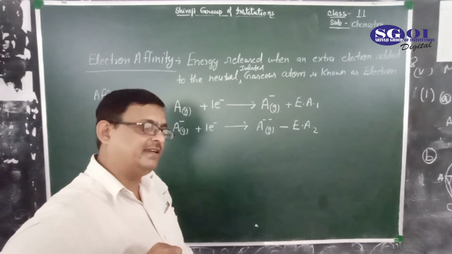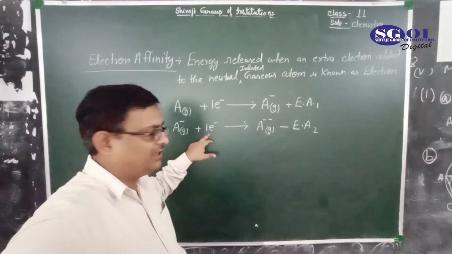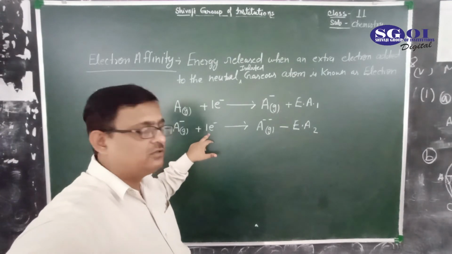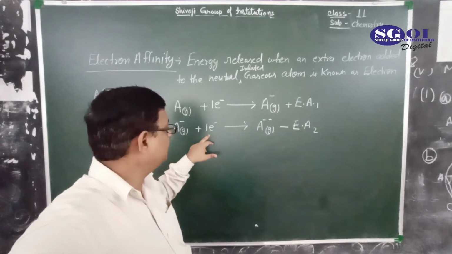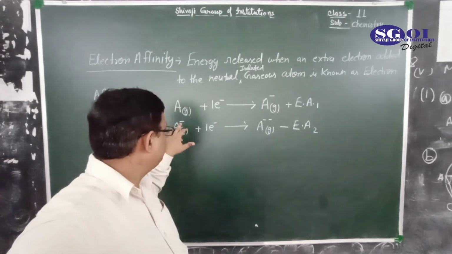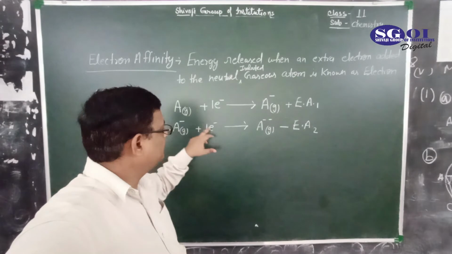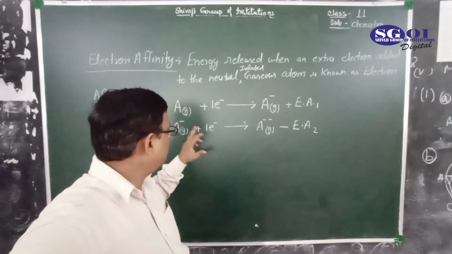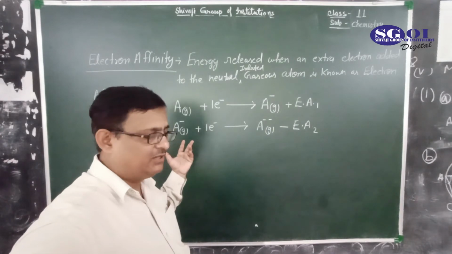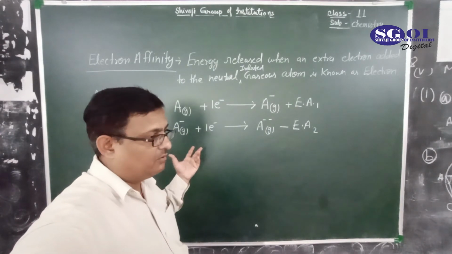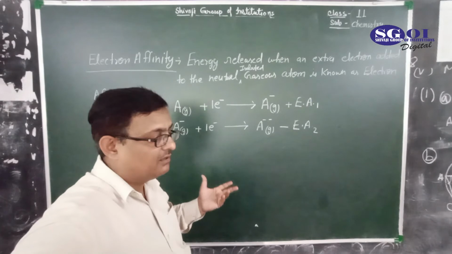While adding the second electron, we also have to do some extra work. Why? Because this is already a negative ion, and the electron is also negative. A positively charged particle attracts, while like charges repel each other.